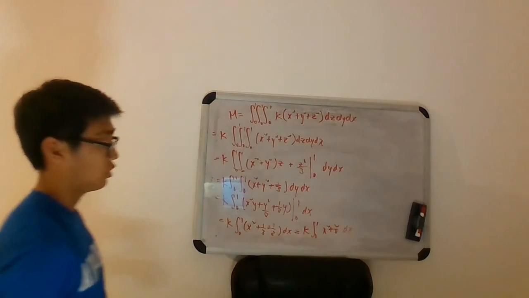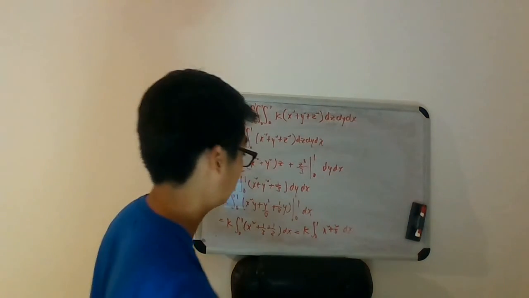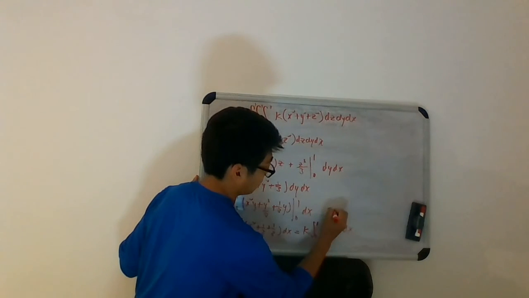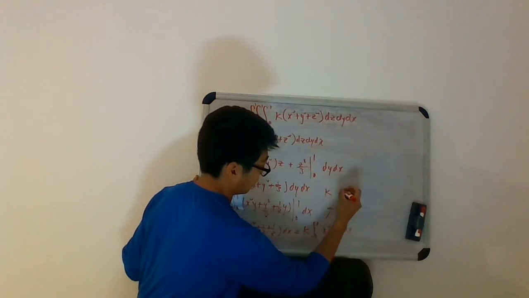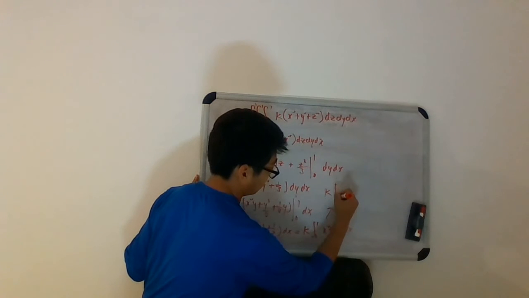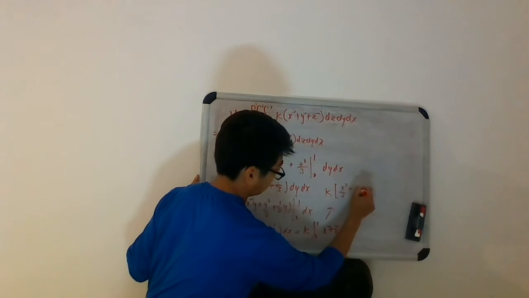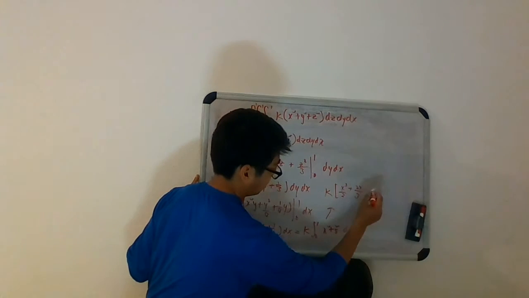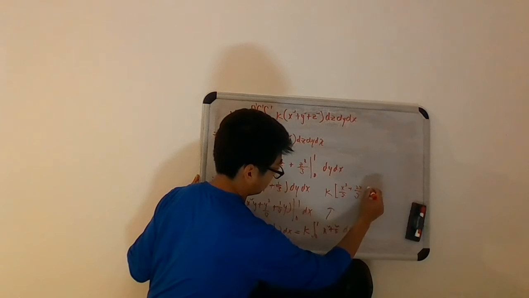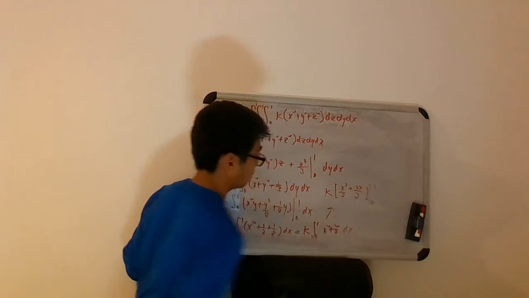And now you're just going to integrate with respect to x. So that will be k times x to the third over 3 plus 2x over 3 from 0 to 1.